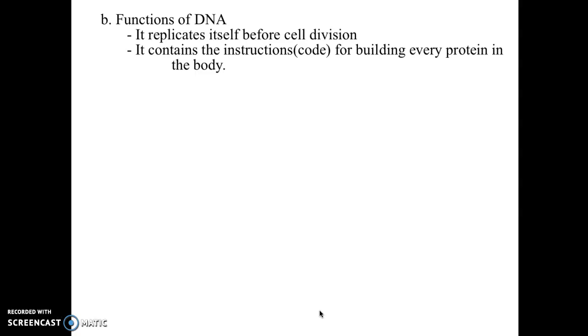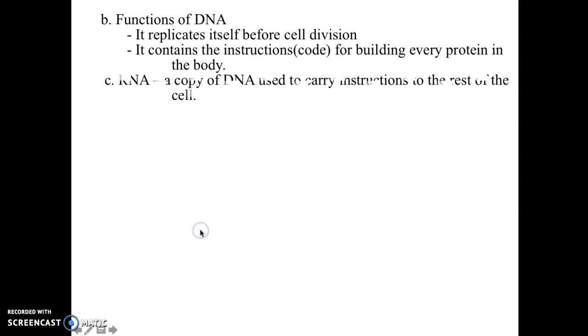Correct answer is yes, it does. Every cell has all the instructions for the whole body, but it only reads a little section of it, but the actual instructions are there.